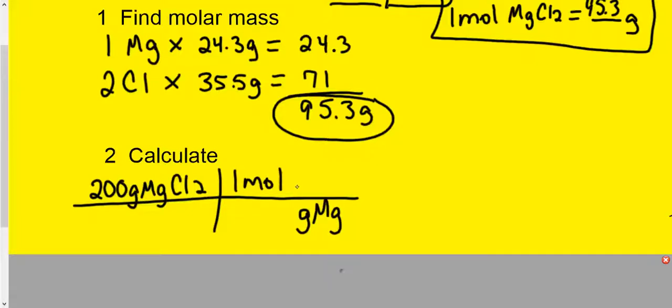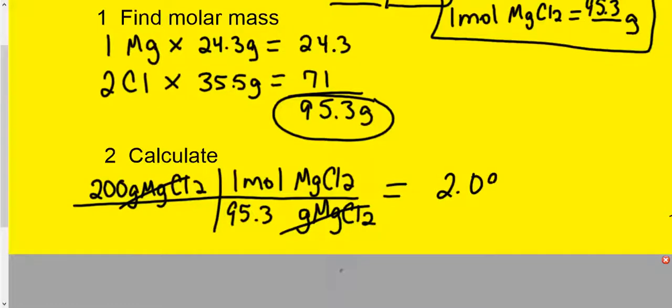In 1 mole of magnesium chloride, there are 95.3 grams magnesium chloride. Grams magnesium chloride cancel, so now I just have to do the math. Divide 200 by 95.3 and you get 2.098 moles of magnesium chloride.